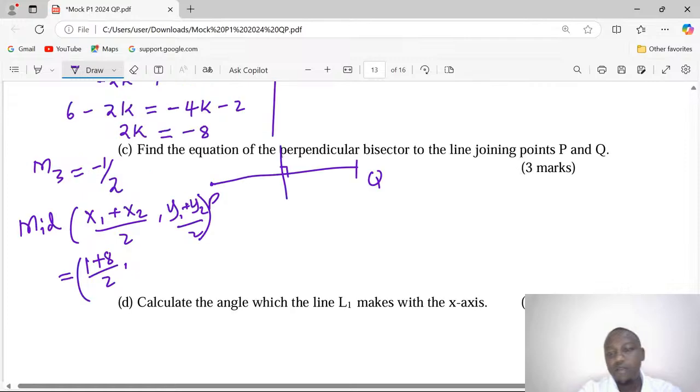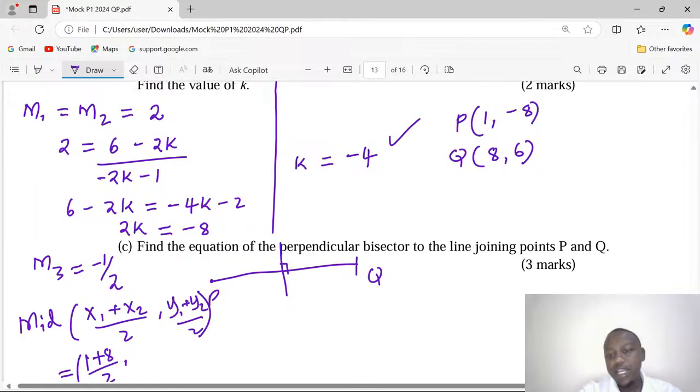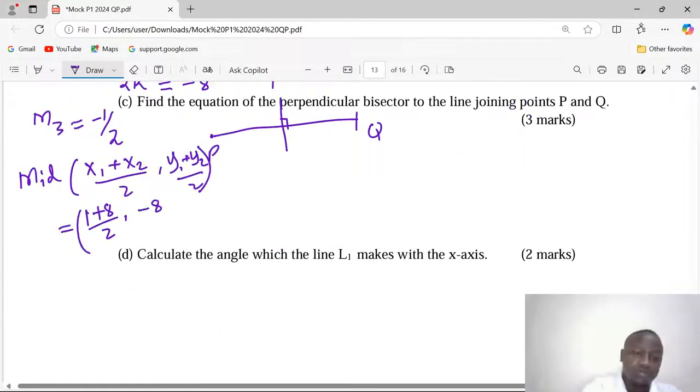Then for the y's, negative 8 plus 6 over 2. This is going to be 9 over 2, 4.5. Then negative 2 over 2, negative 1.